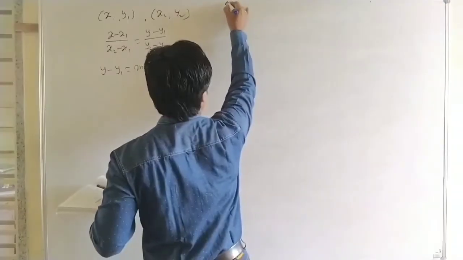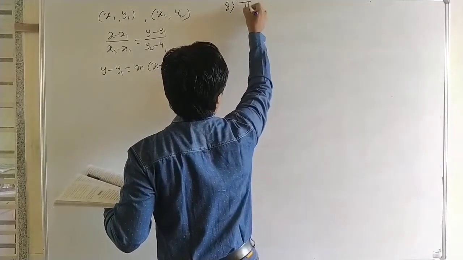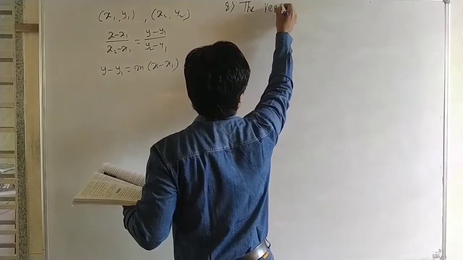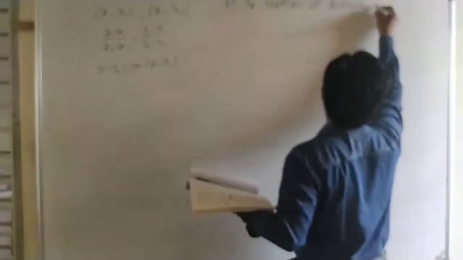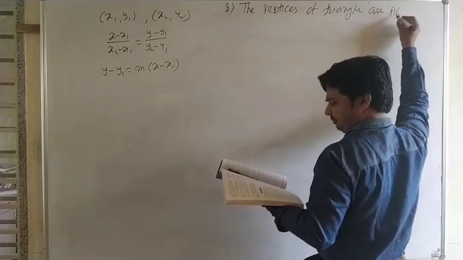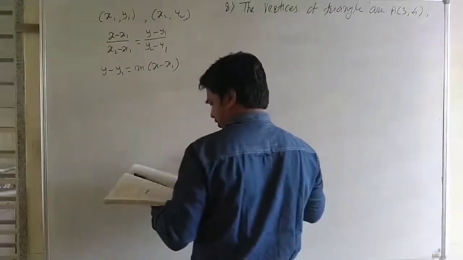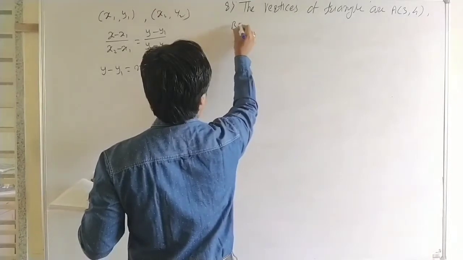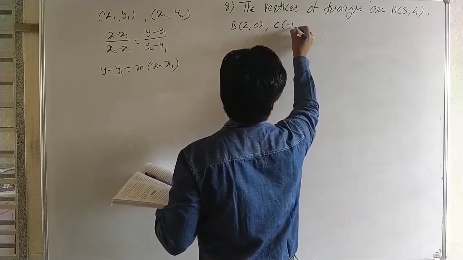Next, 8th example. The vertices of triangle are A (3, 4), B (2, 0), C (-1, 6).